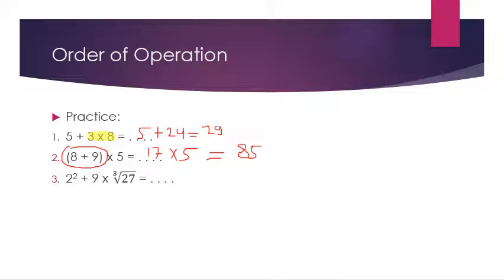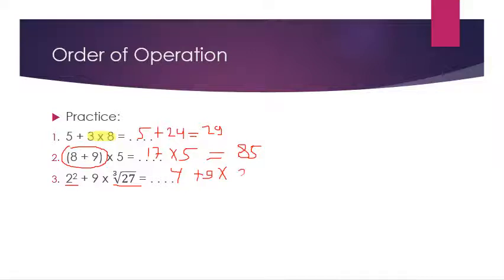Then we have 2 squared plus 9 multiplied by the cube root of 27. Now we have to do the one with the power and with the roots first. So 2 squared is equal to 4, plus 9 multiplied by what is the cube root of 27?